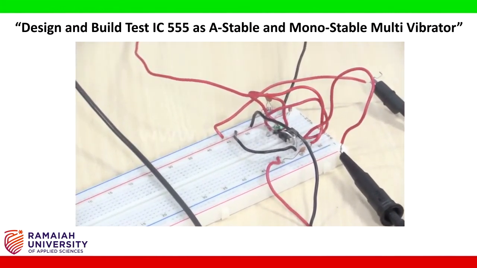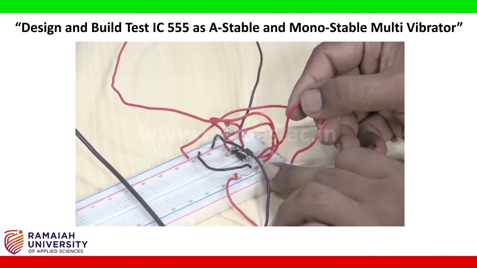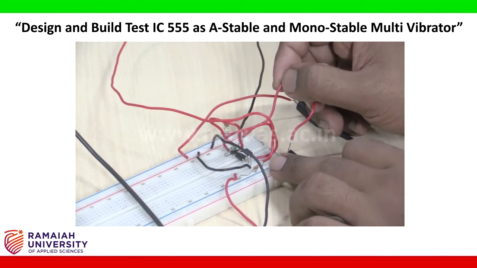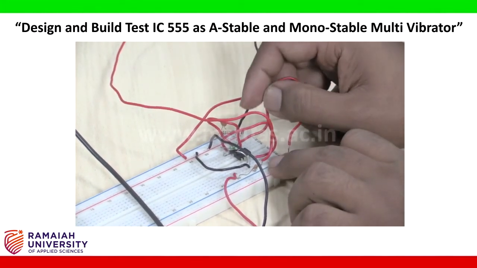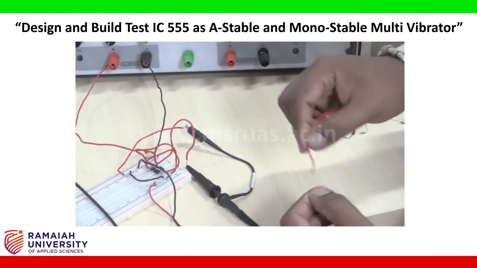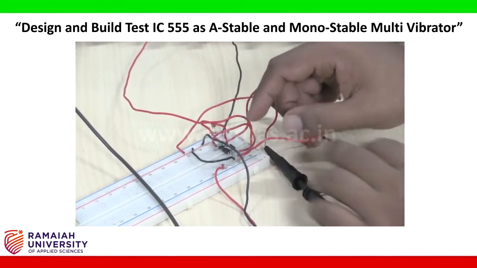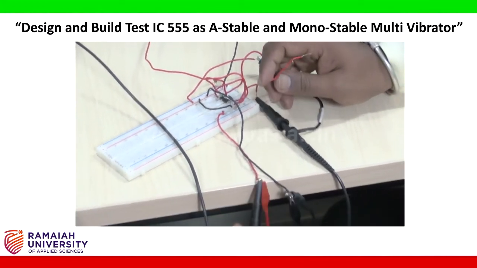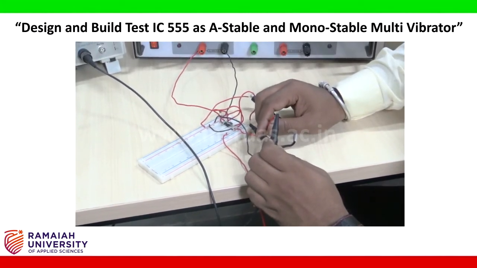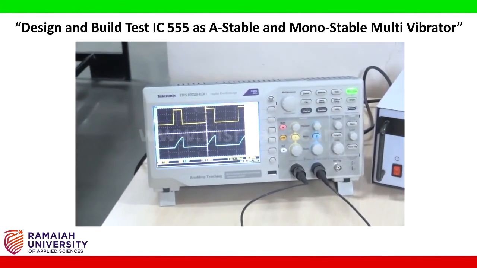Now if you want to see the charging and discharging process of this, you have to remove this connection from pin number 3 and place it into pin number 5, 6. Next you take another wire and connect it to pin number 3 and you connect the input to this terminal, and you can see the comparison of the charging and discharging process with the output terminal.